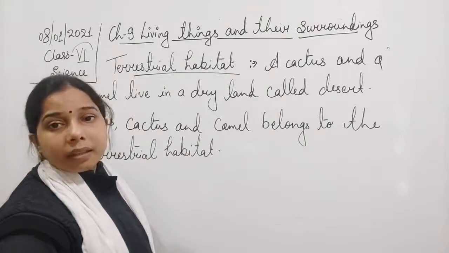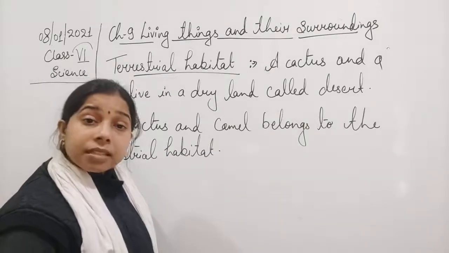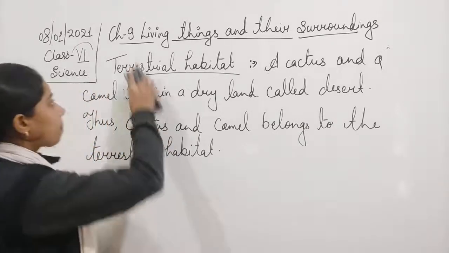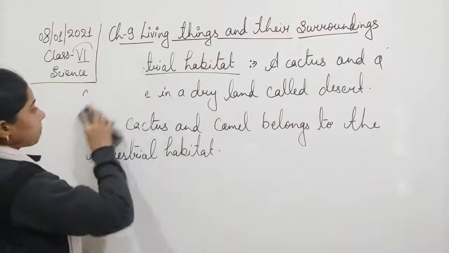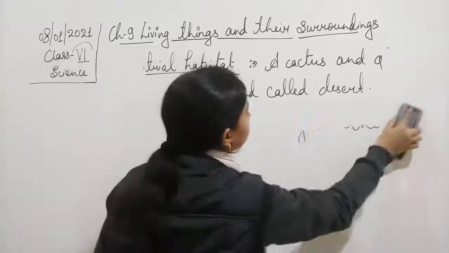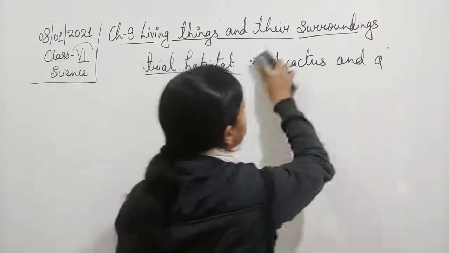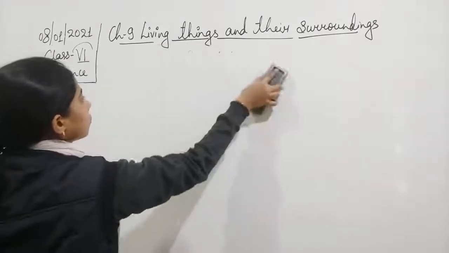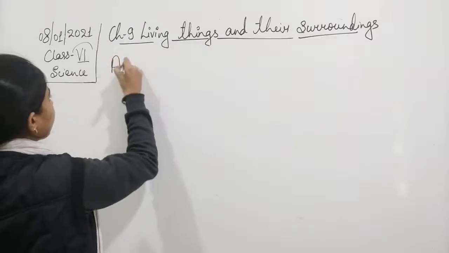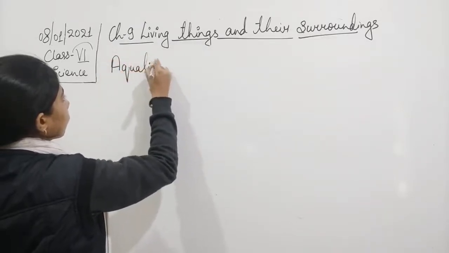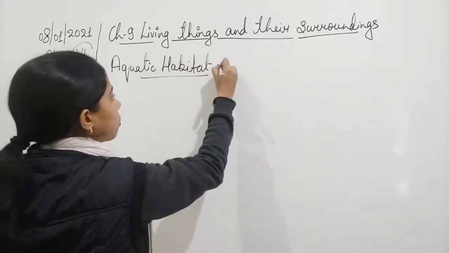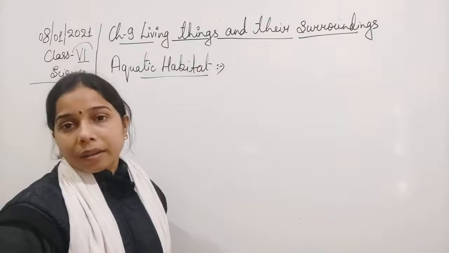Now we have seen the terrestrial habitat. Let us see another kind of habitat, the second type: aquatic habitat. Now you see here, student, the name is aquatic.